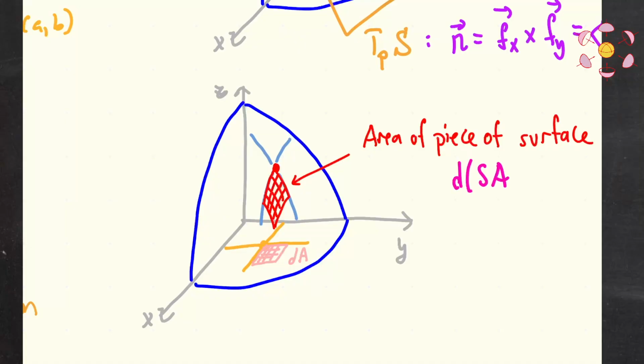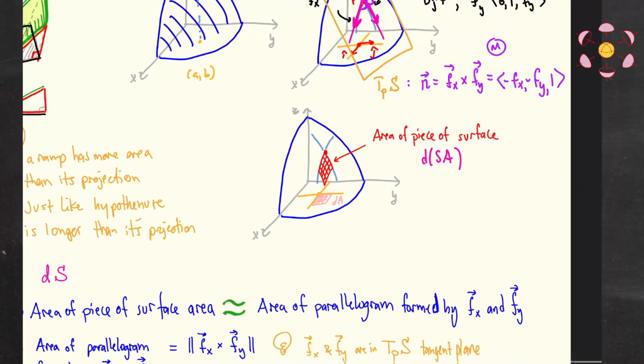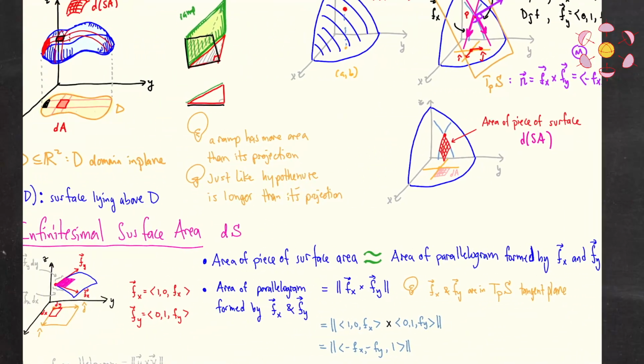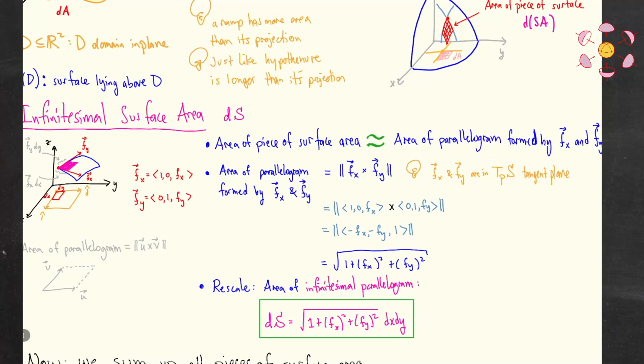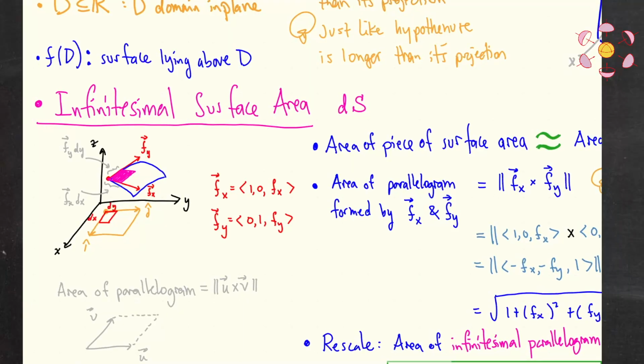All right, so we're making good progress here. Next up is the infinitesimal version of surface area. I've moved away from dS, and I prefer the slightly easier to remember dSA. But if you see dS in these notes, I'm using those interchangeably.